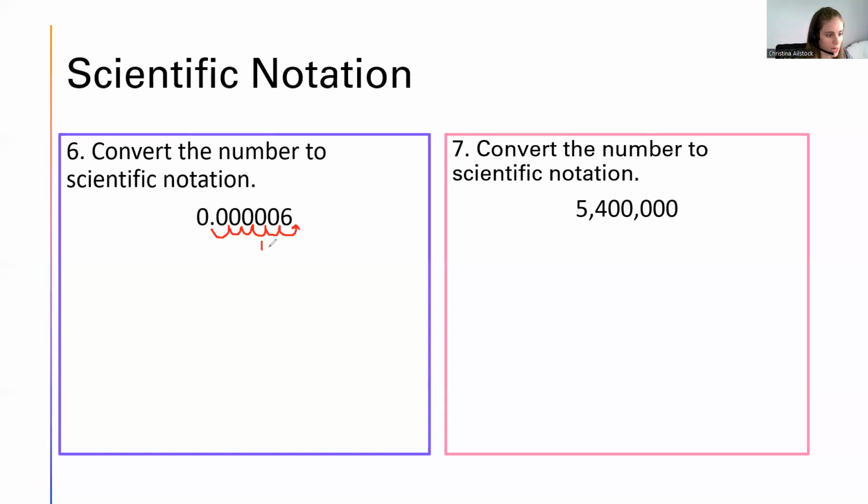So I had to move that up 6 places in order for my number to be a 6. The rest of that for scientific notation is we have times 10, because the base of 10 is the number system that we work in, tens, hundreds, thousands, and so on.